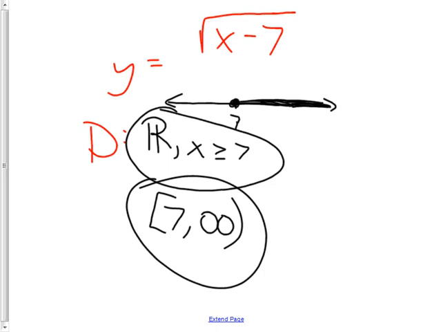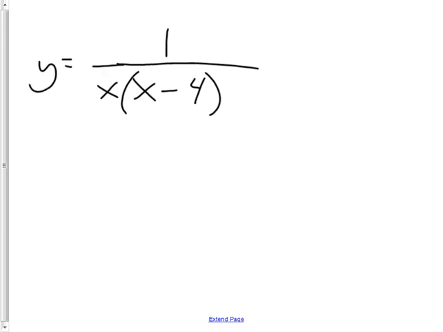All right, then let's do the harder kind. There we go. It's not super hard, but some people get it wrong. Give me the domain for that.